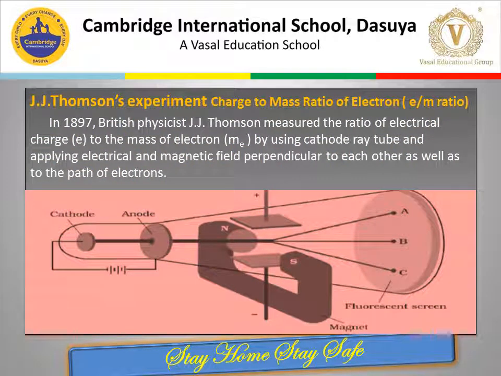J.J. Thomson's experiment. This experiment was done to find out the charge to mass ratio of electron. In our previous lecture, we had studied that the cathode rays get deflected in the electrical field as well as the magnetic field when they are applied perpendicular to the direction of flow of the cathode rays.